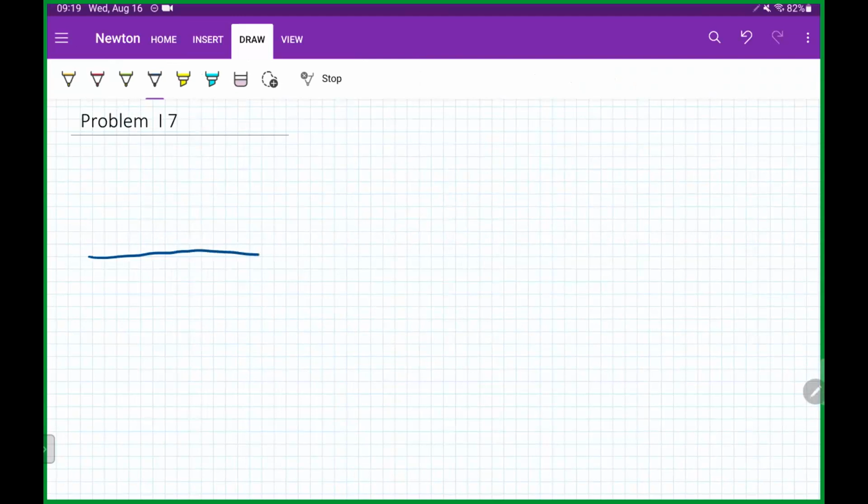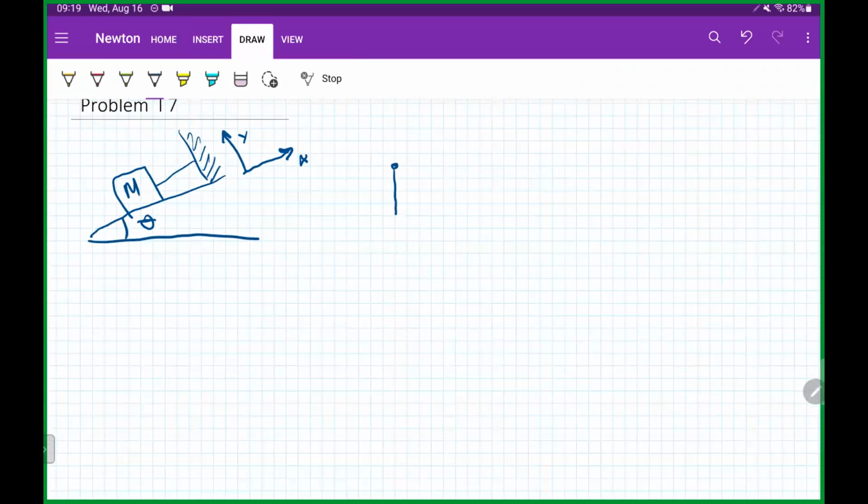So we have the plane, block, wall, and theta, system of reference, X, Y here. Free body diagram. We have the weight. We have the tension.